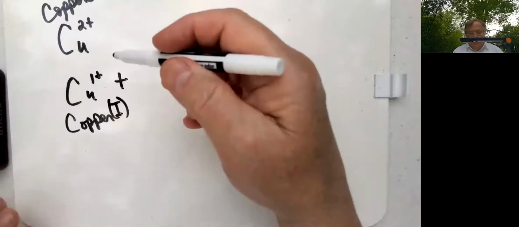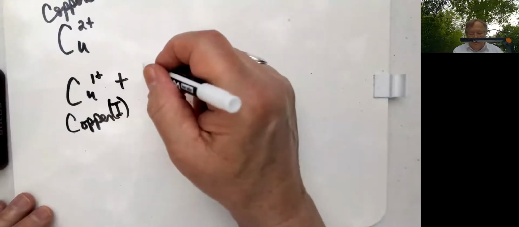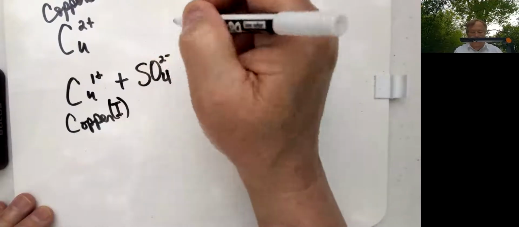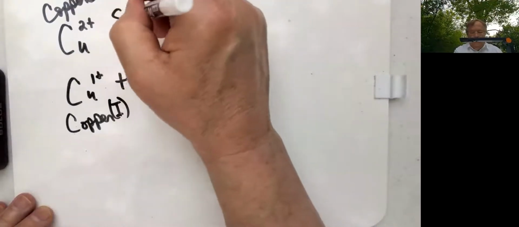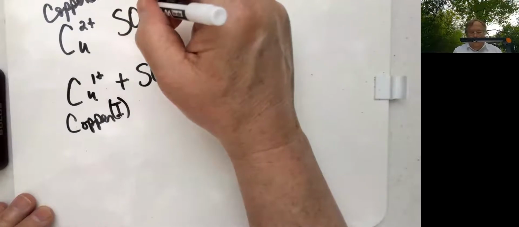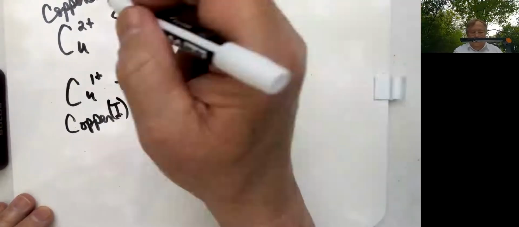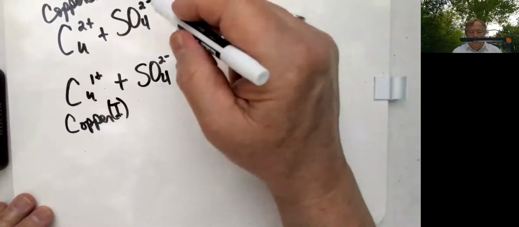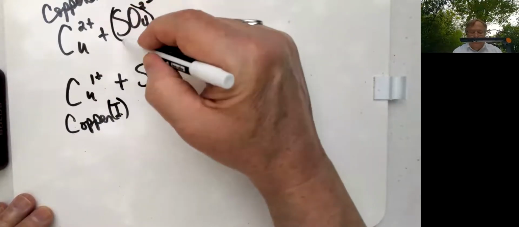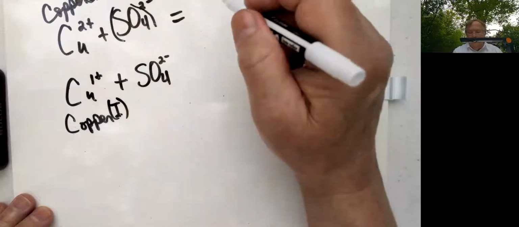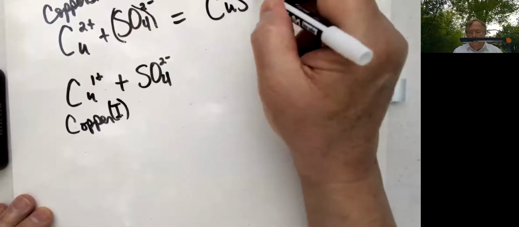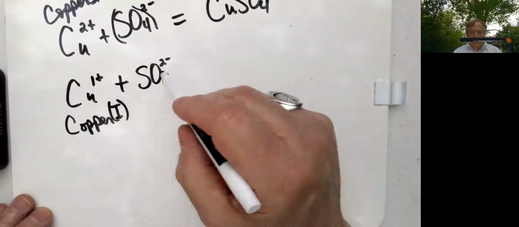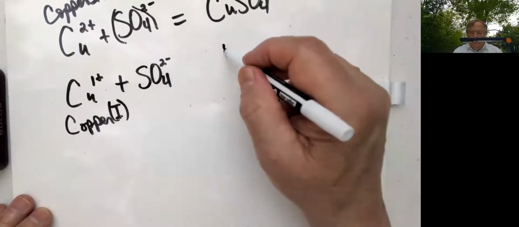So when we put these with polyatomic ions, we balance the charges, training wheels, that balances to 0. And then this one, we have to have 2 coppers.